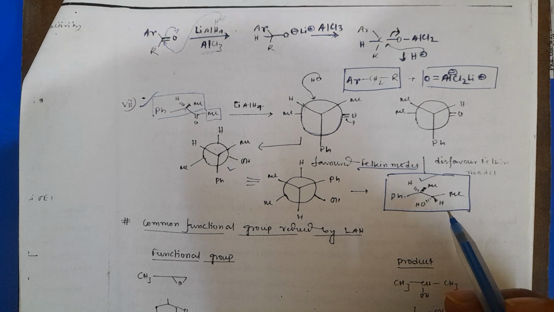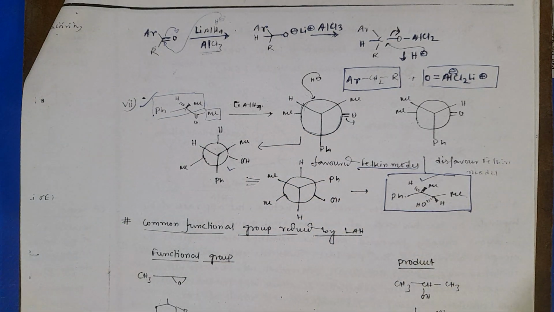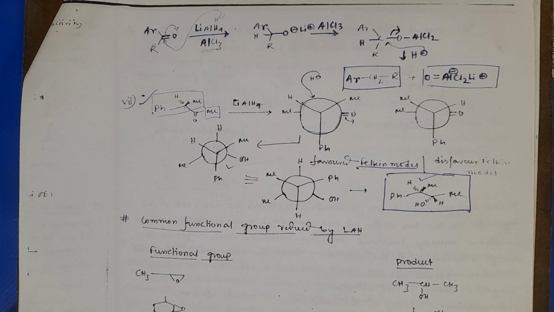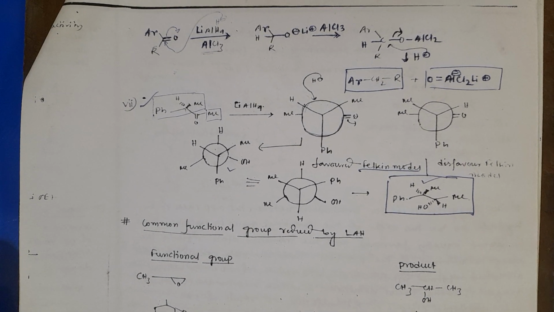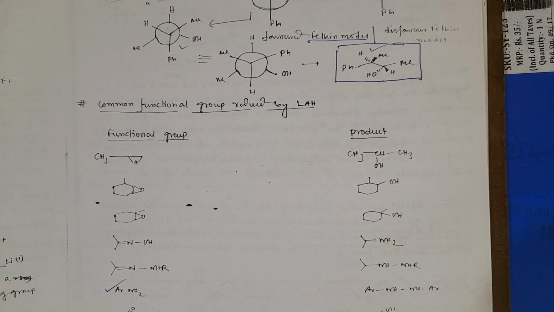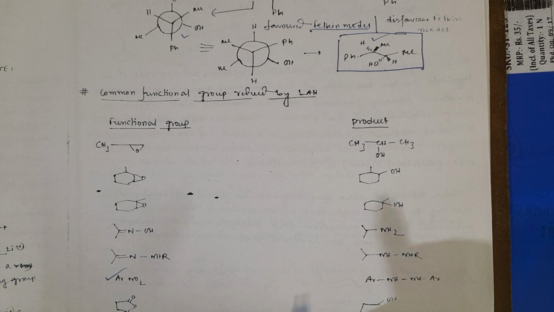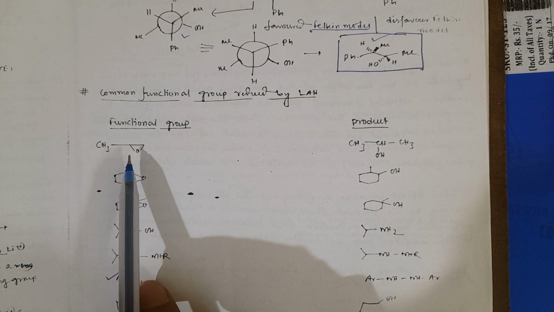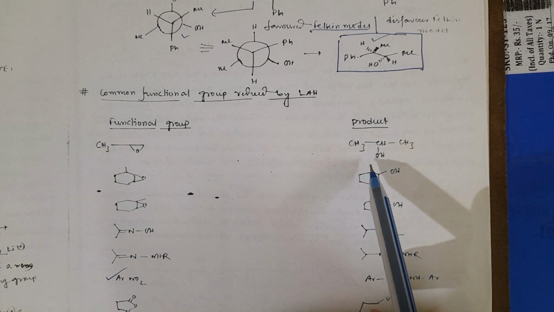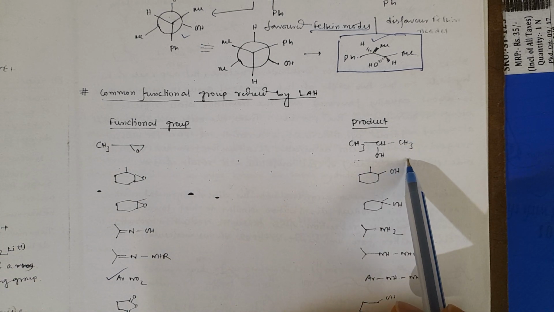Okay, so next, coming to some common functional groups reduced by lithium aluminum hydride. You can see this is one of the epoxides. Now if you reduce it in presence of lithium aluminum hydride, it gives this kind of secondary alcohol.